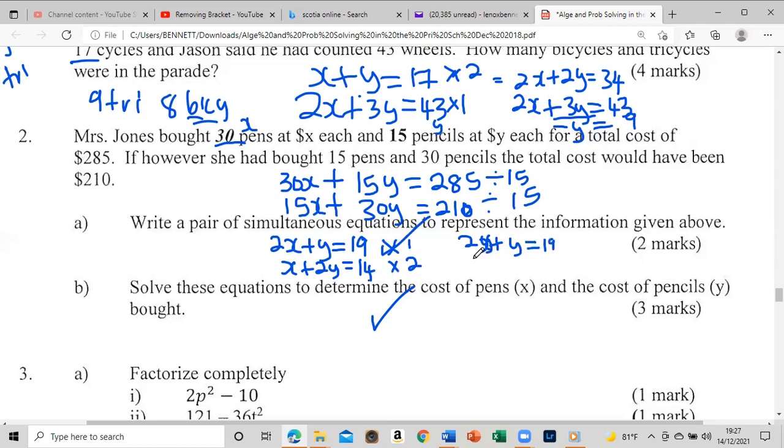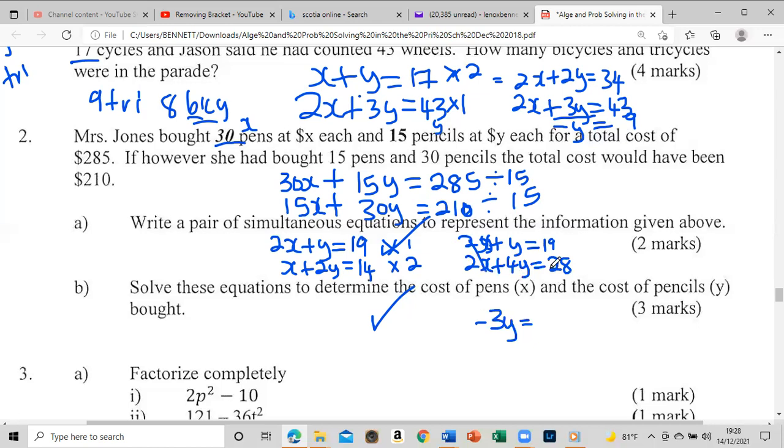And then 2x plus 4y equals 28, right? So we subtract to get rid of x.